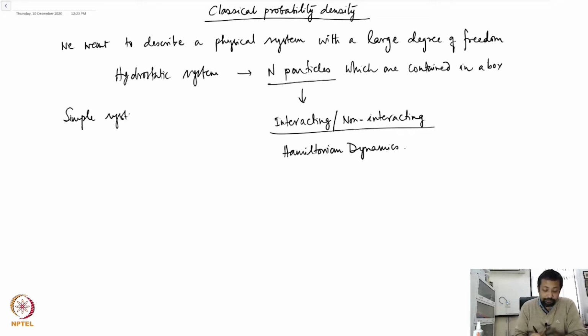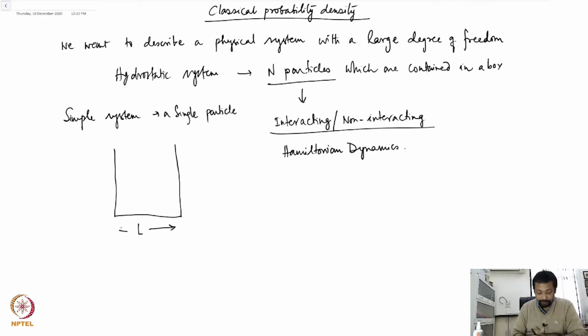So before even we want to look at this n particle system, let's look at a very simple system where I have a single particle, and when I have a single particle, interaction doesn't come into the picture, and this particle is contained within a box of length L. Right?